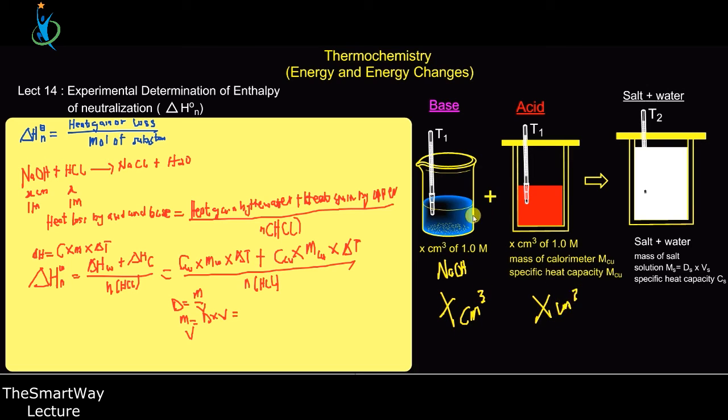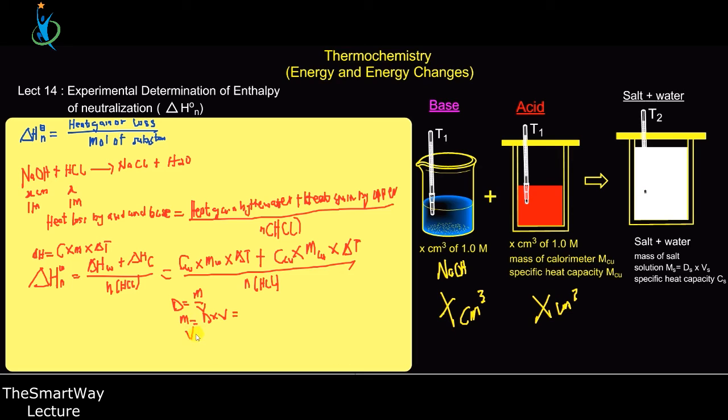So the total volume of the acid and base will be proportional to the volume of the water. Realize that the base is dilute, and the acid is also dilute. So largely the volume of the base solution and the volume of the acid solution is basically water. And so the total volume of the two solutions will be proportional to the volume of the water that is produced at the end of the day.